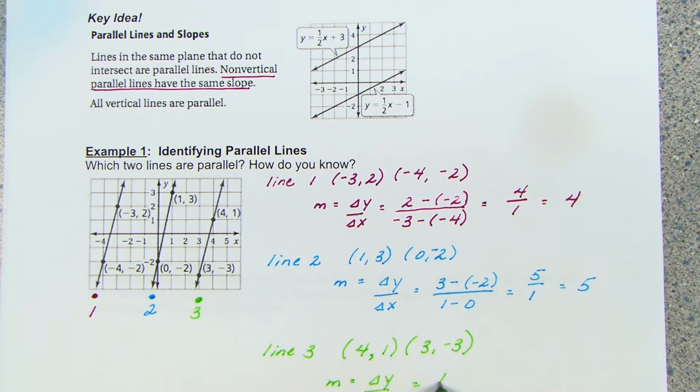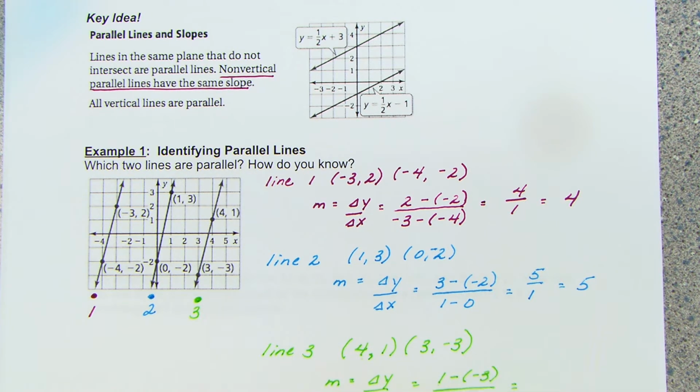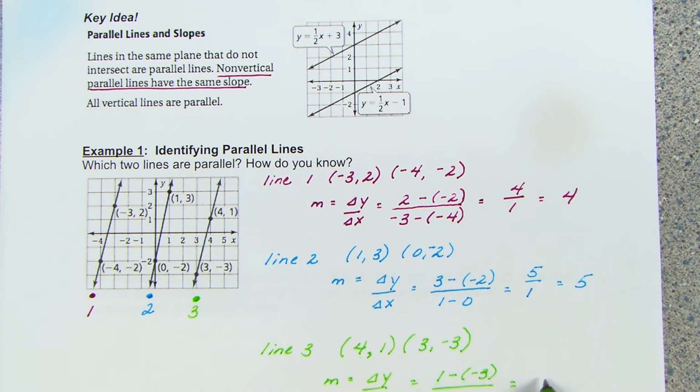The y's are 1 minus negative 3 over the x's, 4 minus 3. All right. 1 minus negative 3 is the same as 1 plus positive 3, so that's 4. 4 minus 3 is 1.